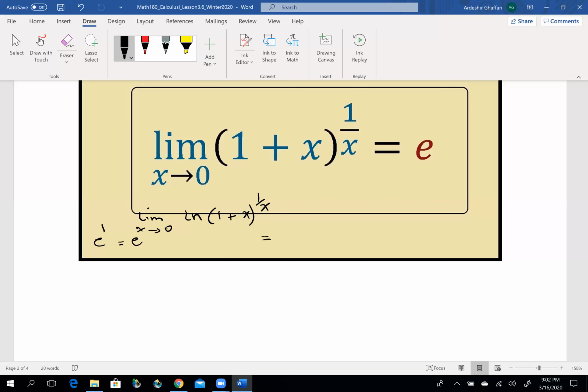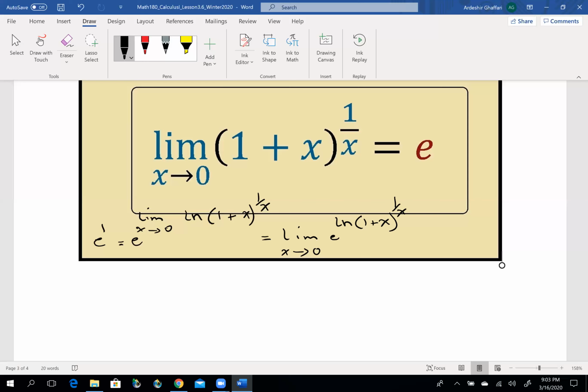I can rewrite this as the limit as x approaches 0 of e to the natural log of (1 plus x) to the power of 1 over x.